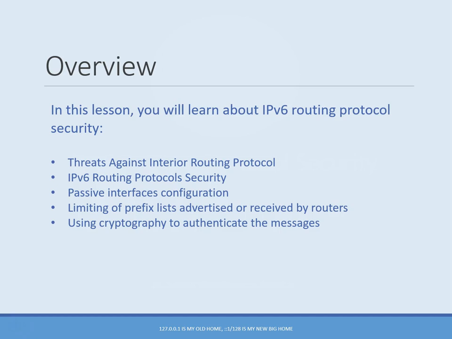We will learn about some important topics: threats against interior routing protocols and IPv6 routing protocol security, and we will learn how to configure passive interface and how to limit the prefix list advertised or received by routers, and we will use cryptography to authenticate the messages exchanged among the routers inside the networks.